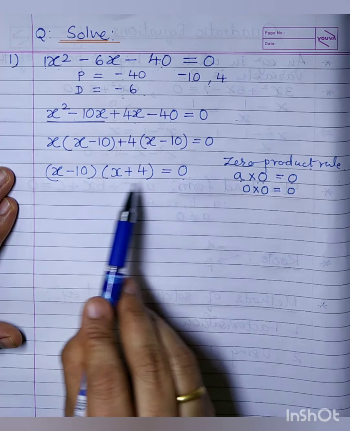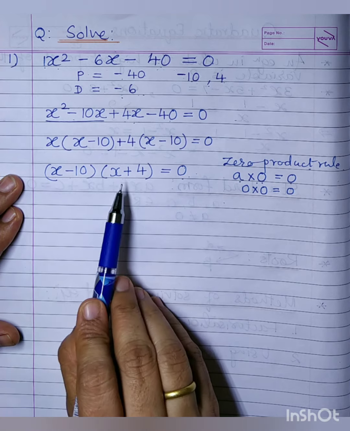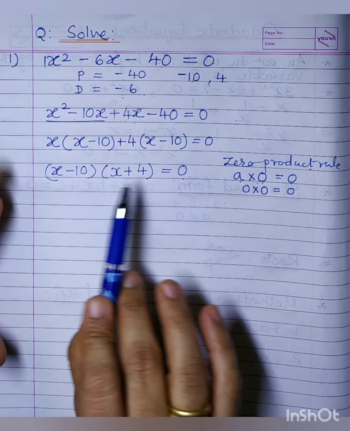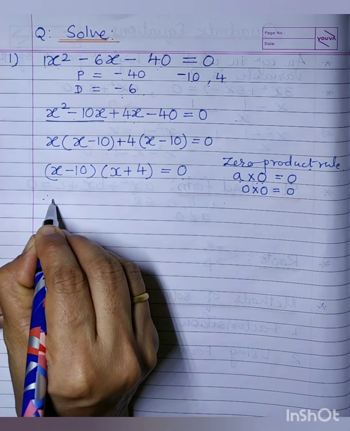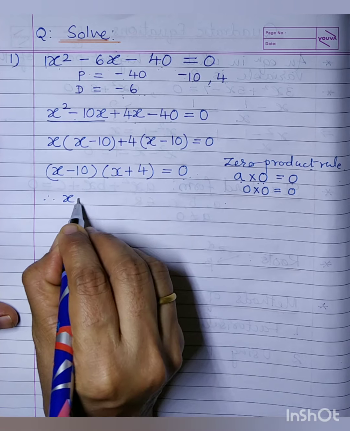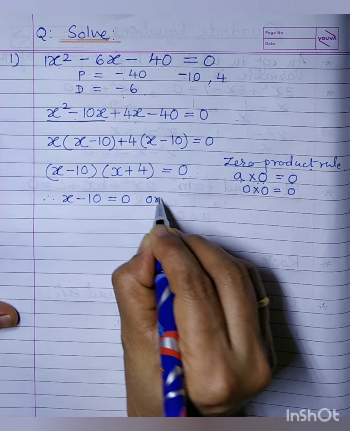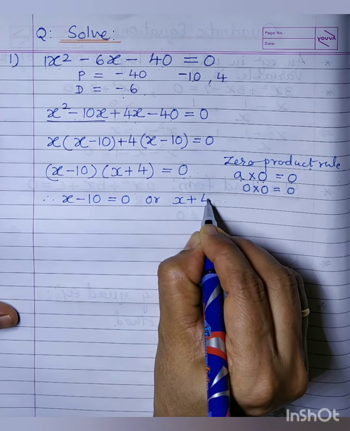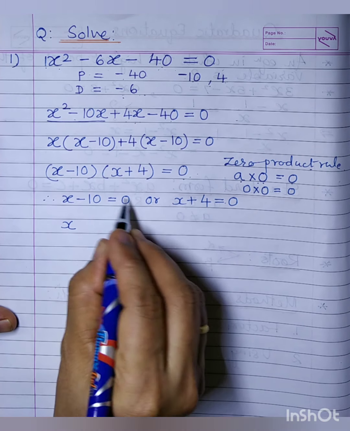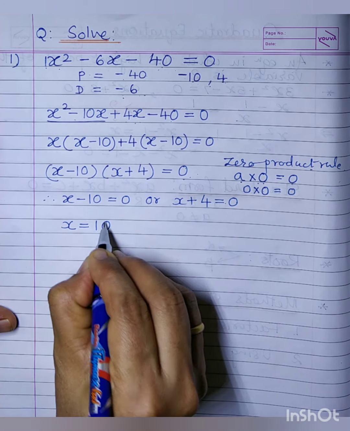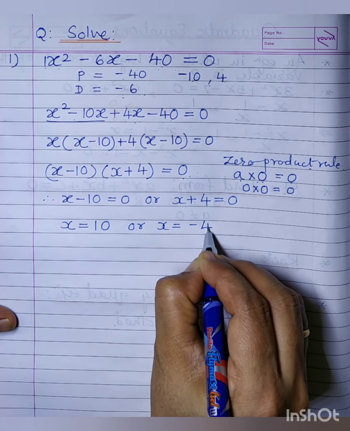Now here, since the variable is present, we cannot decide whether x minus 10 is 0 or x plus 4 is 0, but one of them or maybe both are going to be 0. So using the zero product rule, we conclude that either x minus 10 must be 0 or x plus 4 may be 0. Remember this. So you get x minus 10 is 0, so x is equal to 10, or x is equal to minus 4.